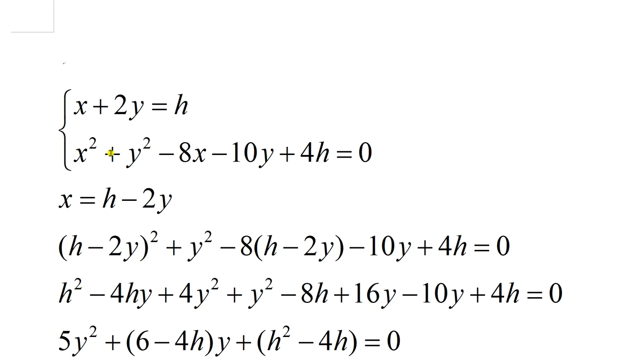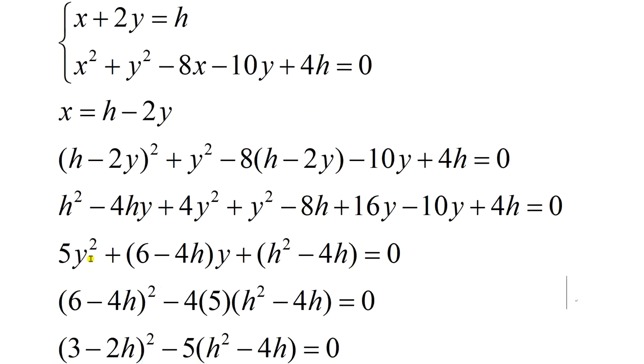That is the format ay squared plus by plus c equal to 0. Doing the simplification, you will get 5y squared plus bracket 6 minus 4h, times y, plus bracket h squared minus 4h equal to 0. So here a is 5, b is 6 minus 4h, and c is h squared minus 4h.